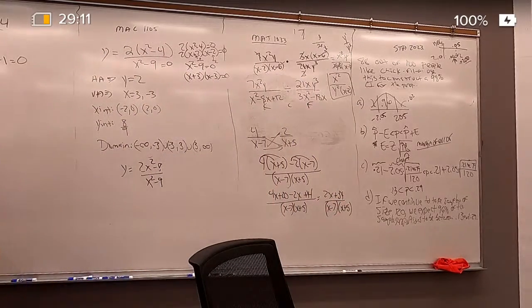Now, notice that 2x plus 34 would factor, the 2 would come out, but then you would get x plus 17, which doesn't reduce, so you don't have to factor.